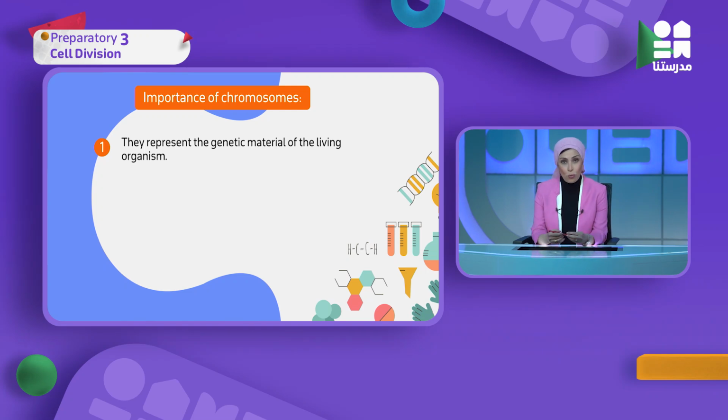On those chromosomes. يبقى now what is the first important? It's representing the genetic material of the living organism. وفهمنا يعني إيه genetic materials؟ every factor أنت بتتميز بيه، الصفات الوراثية كلها.